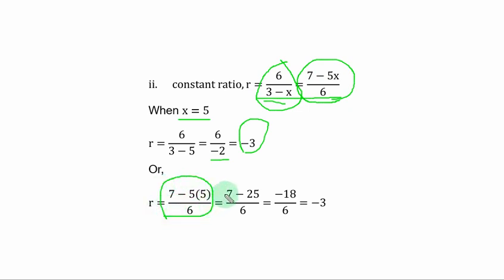It becomes 7 minus 25 over 6. That is minus 18 over 6. When you divide, you have minus 3, the same value. If you use the other value of s, minus 3 over 5, you are going to have another constant ratio.